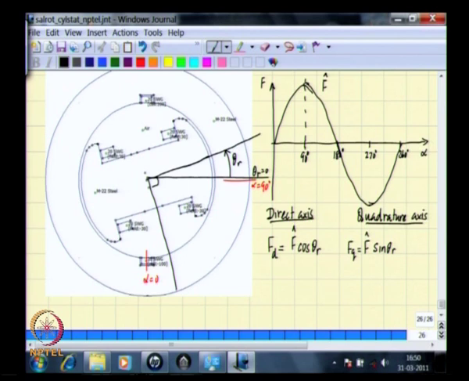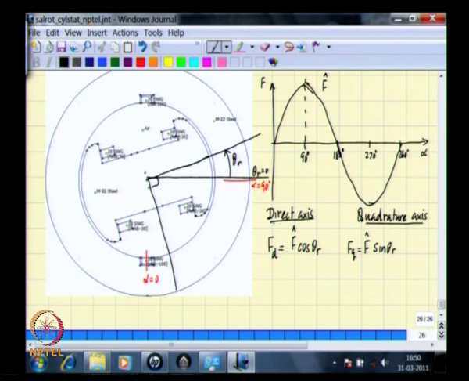Now, Fd has a maximum. The original MMF distribution is a sinusoidal distribution around the air gap, and therefore the resolved MMF should also be a distribution around the air gap.